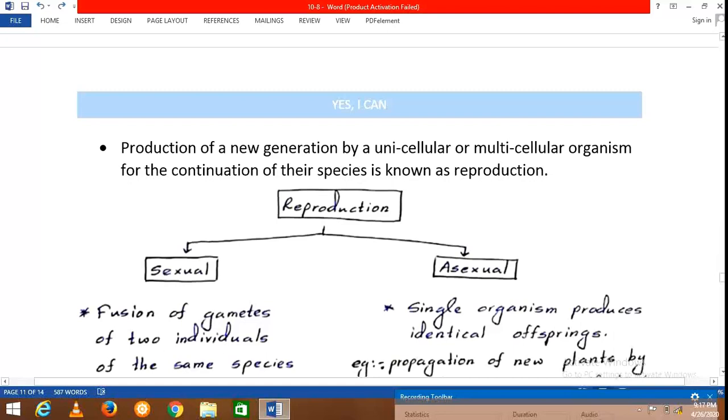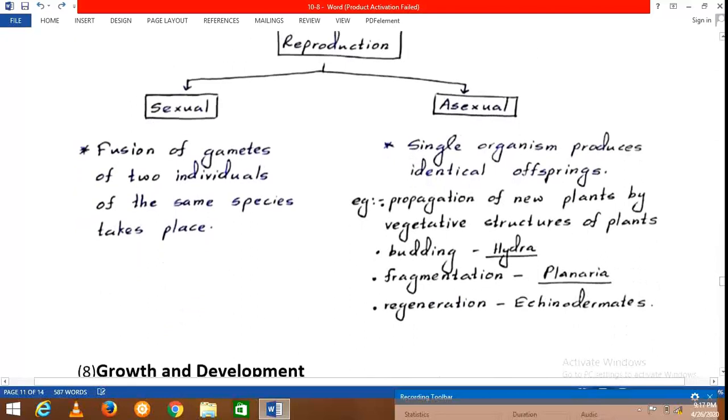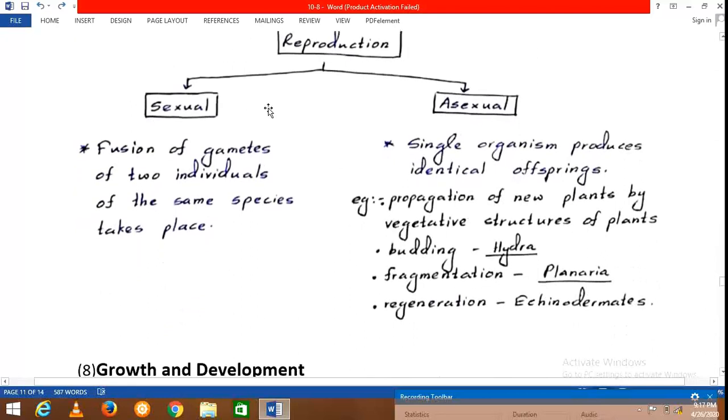So this reproduction process can be divided into two main types: sexual reproduction and asexual reproduction.